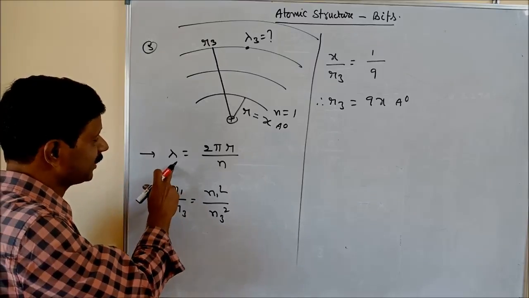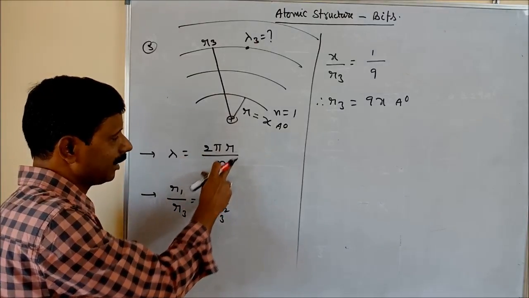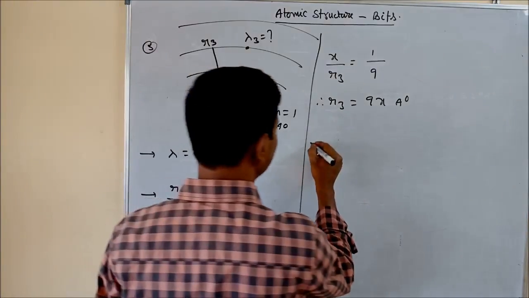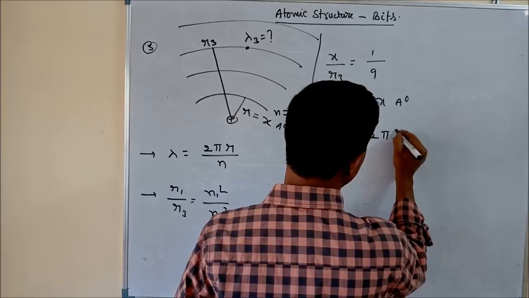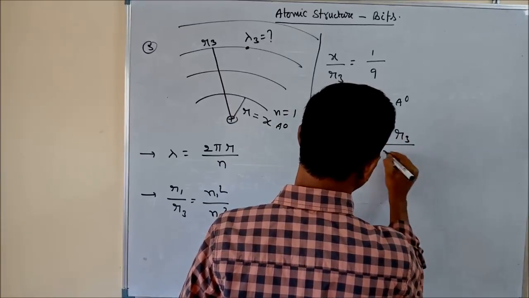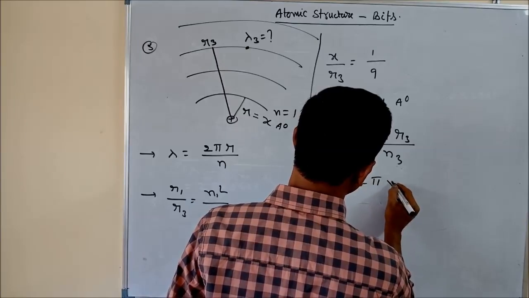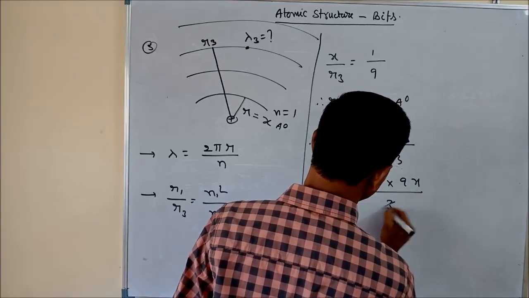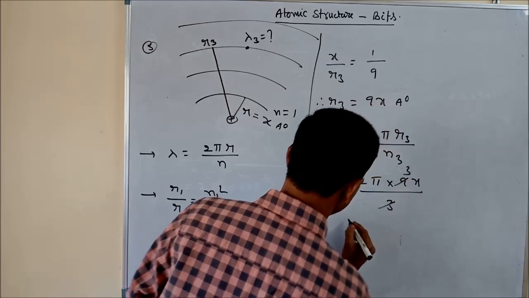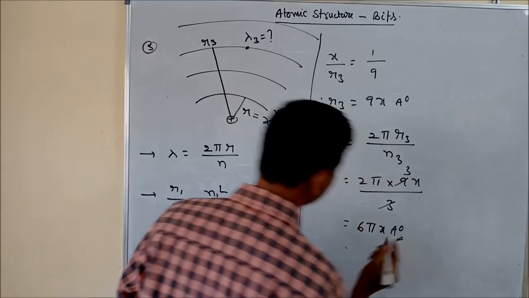As per this formula, lambda 3 equals 2 pi R3 by N3. That is nothing but 2 pi into 9x by 3. This is 3. So the total is 6 pi x angstroms.